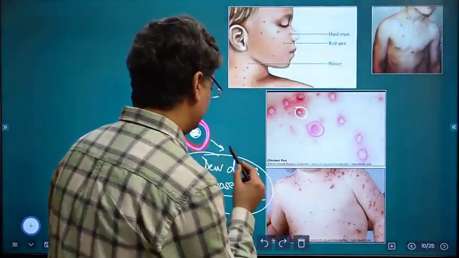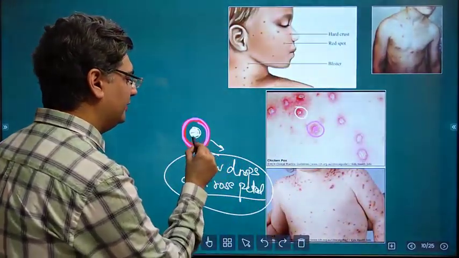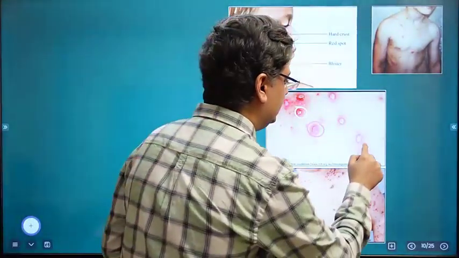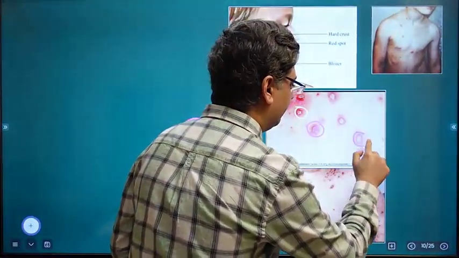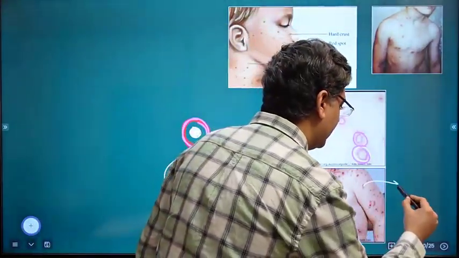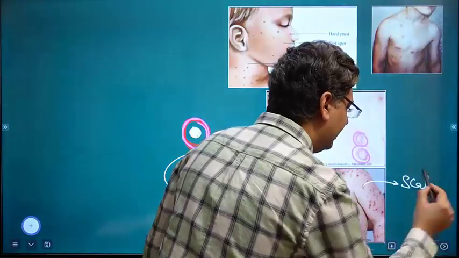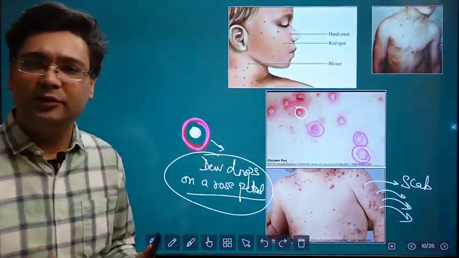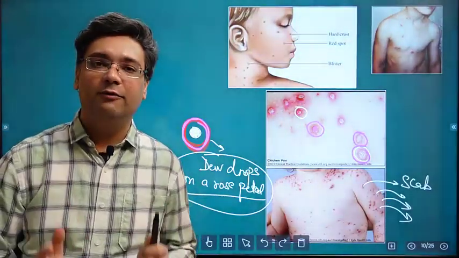The fluid in the vesicle dries up. You can see these areas drying up, and this dried area is called a scab, which later on falls off.